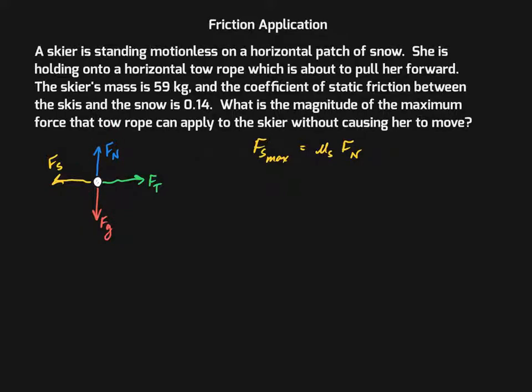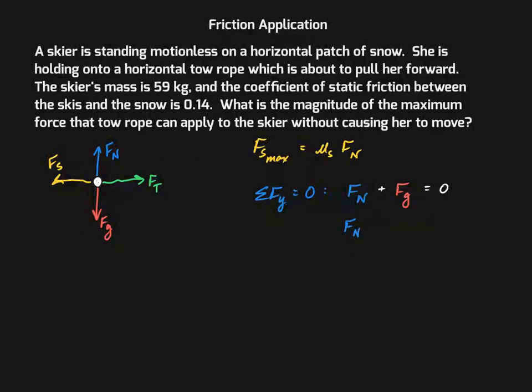So summation of forces in our y direction, those are going to be equal to 0. We have our normal force, and that's going to be added to our force due to gravity. And again, that's going to be equal to 0. So extending this out, again, we don't know what our normal force is. That's what we're trying to find.